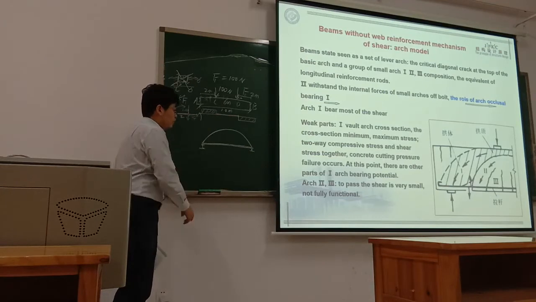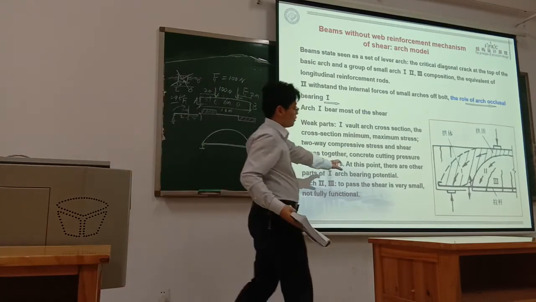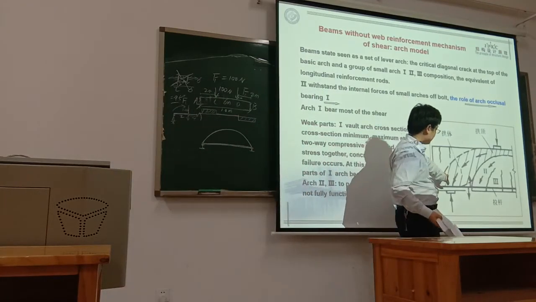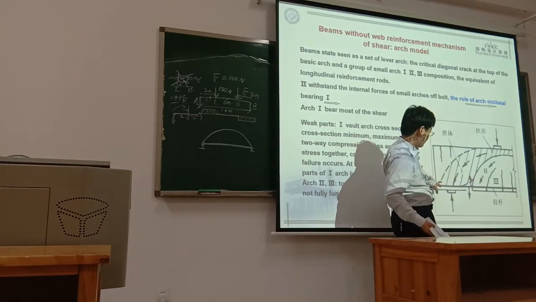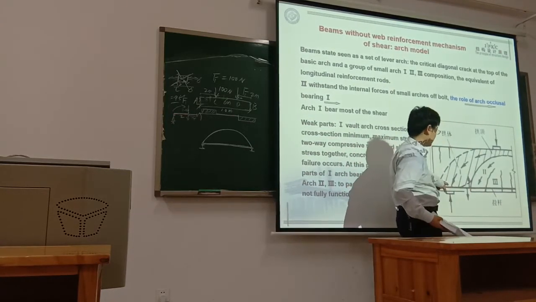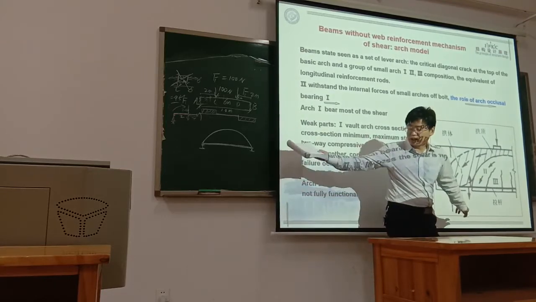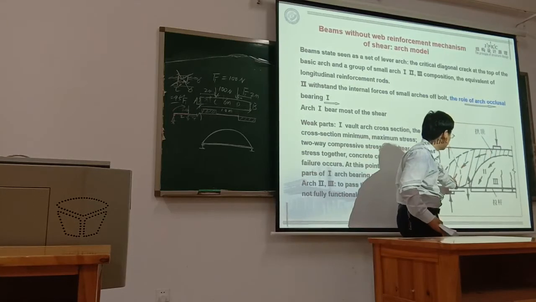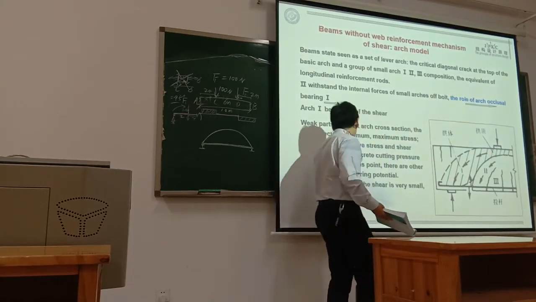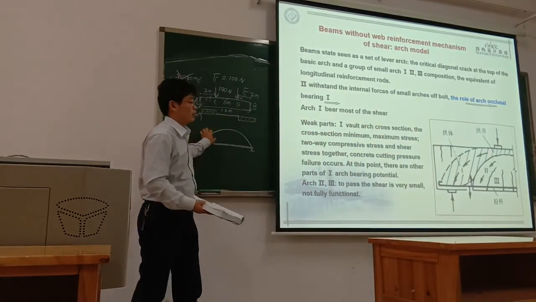So now this beam without web reinforcement, once the crack generates, works like this. The reinforcement works like the tie beam of the arch. And this rim part, this concrete, works like the rim of the arch.